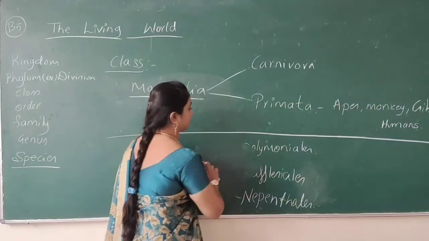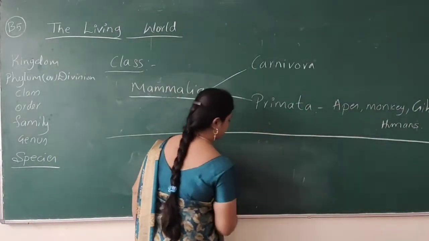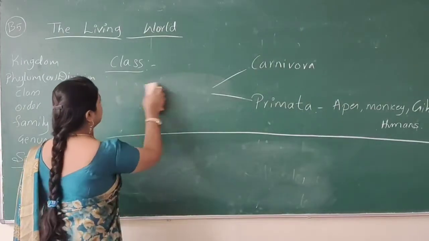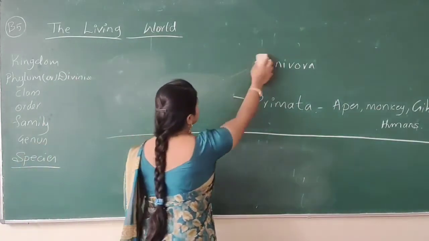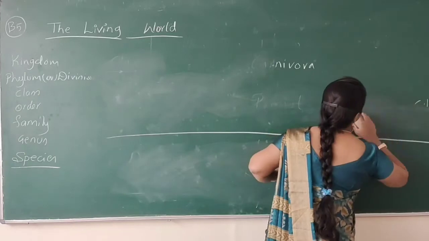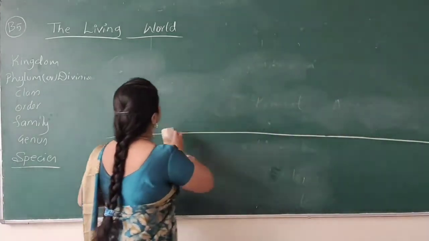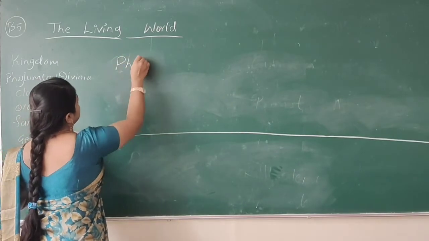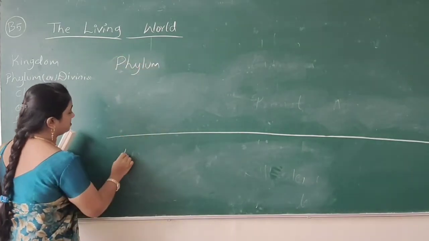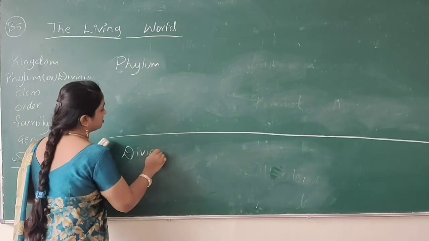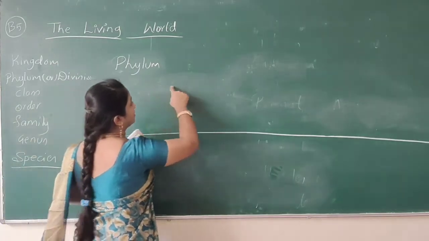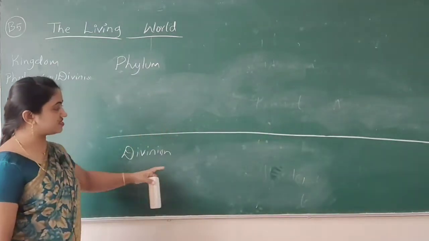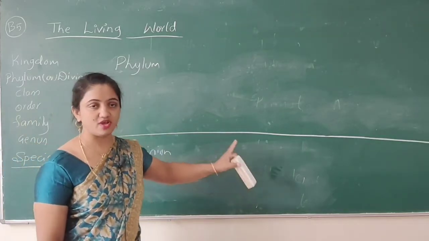Okay, so like this, we will move on to the next unit of classification, that is phylum. Here I will write the phylum. Here I will go with the division, because here I will take the examples of plants.